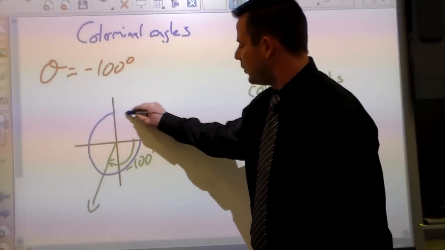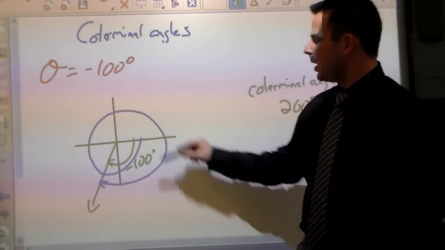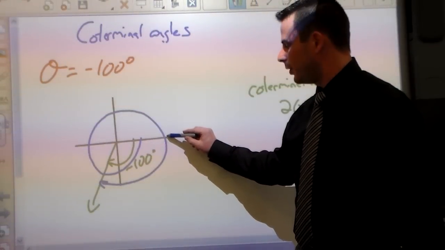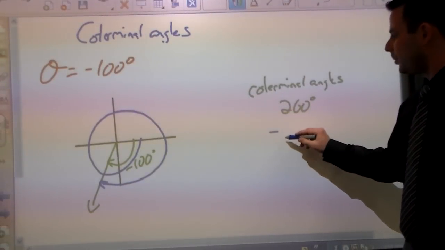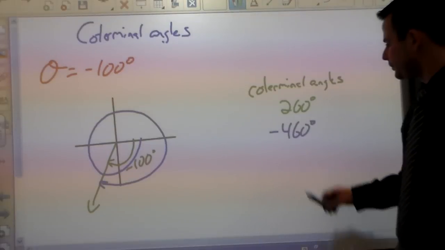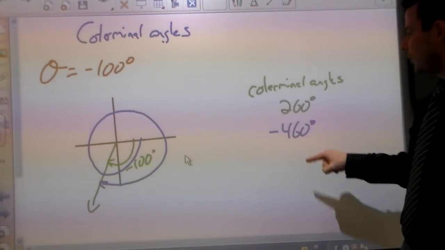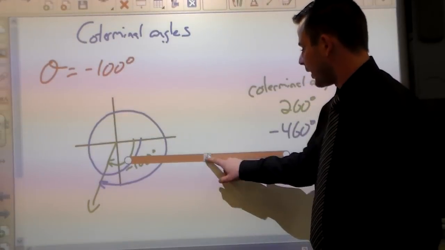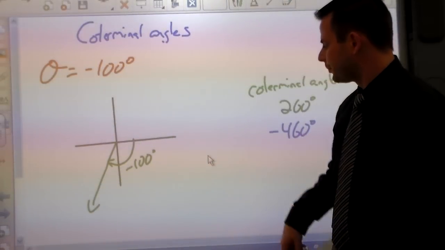What if I want to continue going around? Well, let's take a look at that. If we went from here all the way around, that's 360 degrees. I went another 100. So another coterminal angle could be negative 460 degrees. Well, what if I want to travel in a positive direction more than 260 degrees? Well, let's get rid of this and travel in a positive direction another 360 degrees.